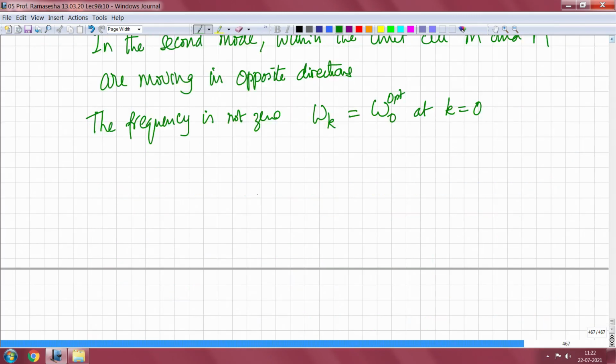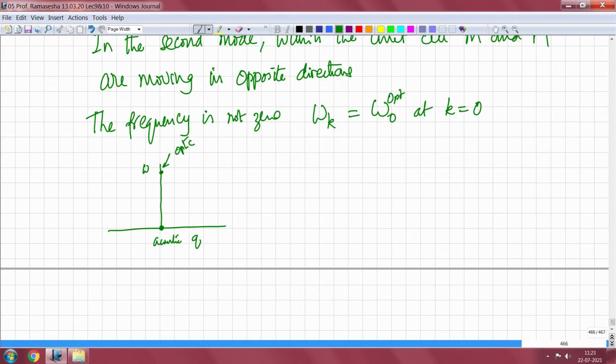So we know that we have two branches. If I am looking at k equal to 0, or q equal to 0, I have one frequency here of one branch and another frequency there. So this is the optic and this is the acoustic.